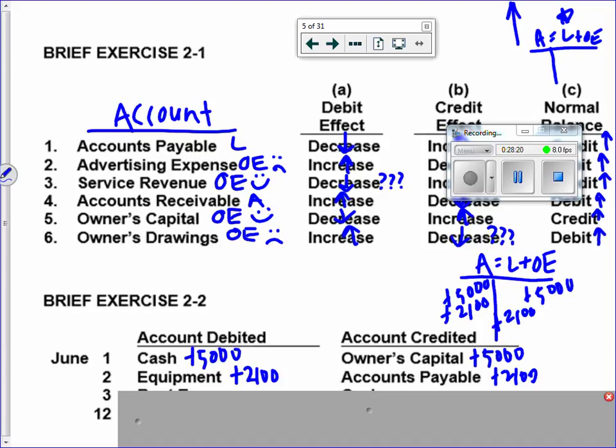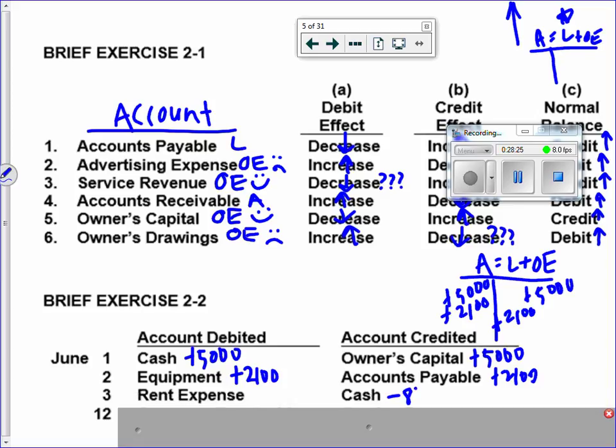Typically, I'll start with the debit, but in this case, cash is our credit of minus 800. Okay, and rent expense is actually debited for 800. I'm going to put a plus there, but remember it's a naughty account that's actually making owner's equity go down.